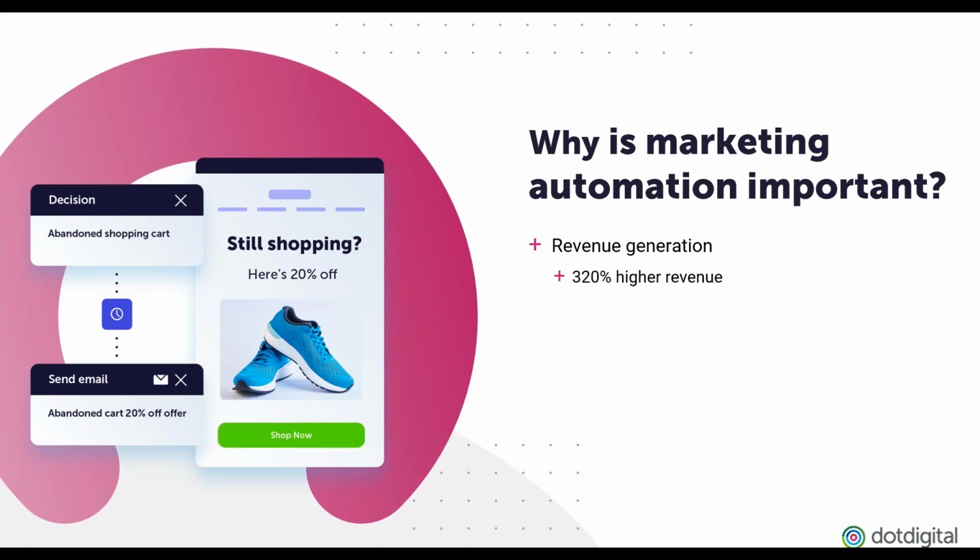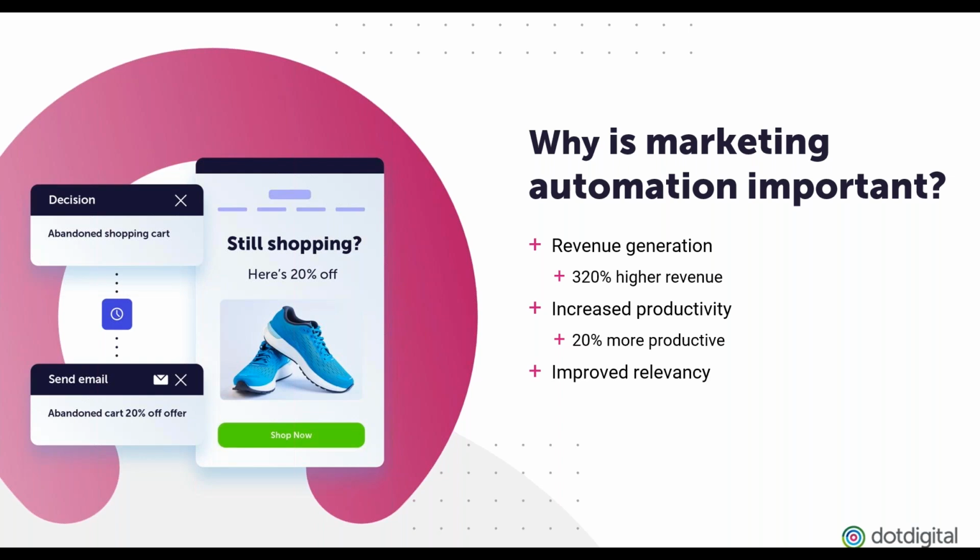Well, marketing automation is a guaranteed revenue generator. Email automation generates 320% more revenue than non-automated emails. It also increases your team's productivity, and teams that use marketing automation report a 20% increase in productivity.